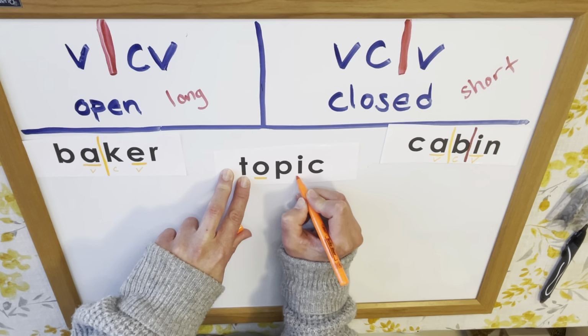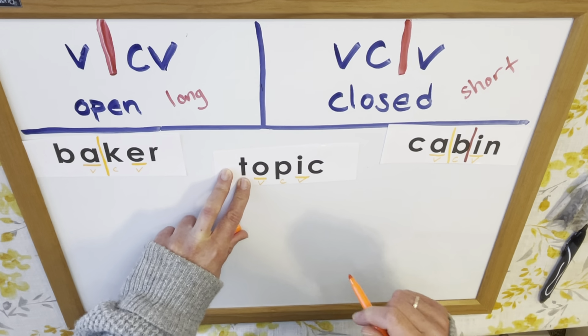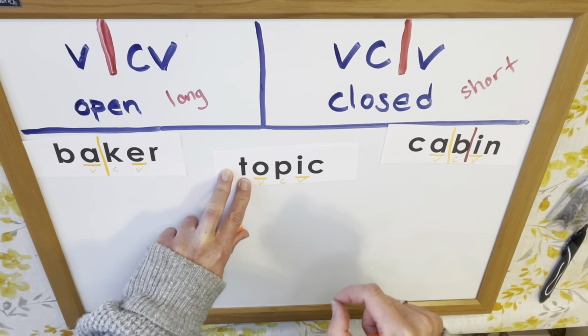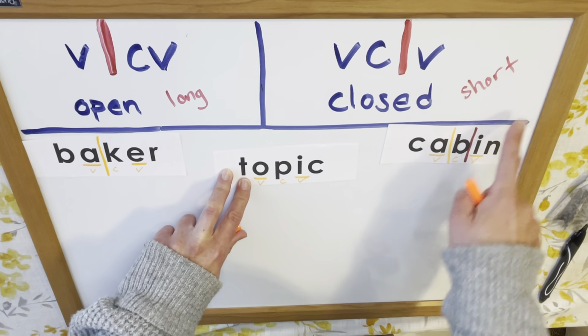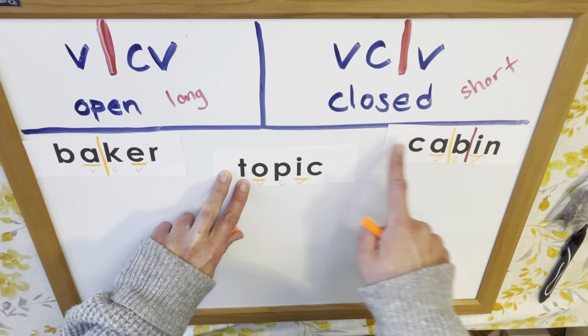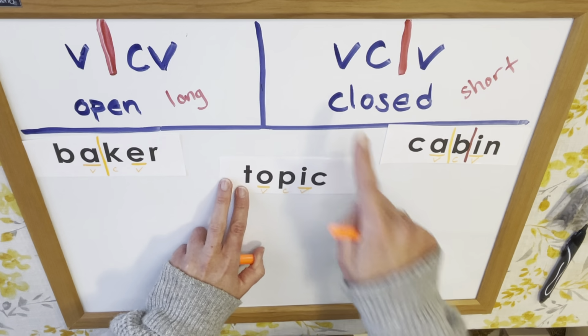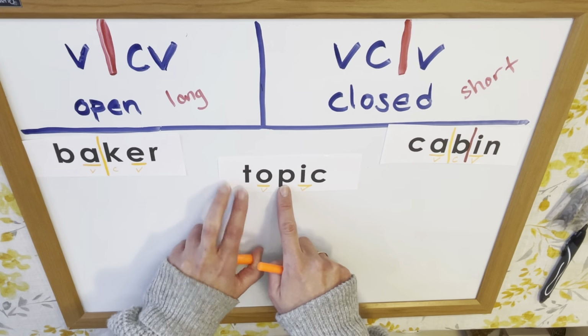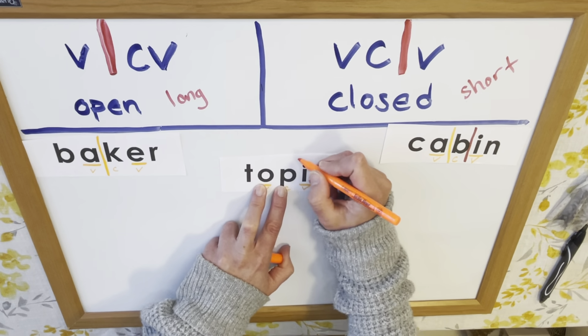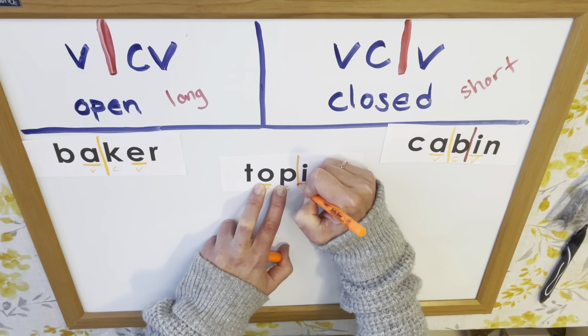So we have a vowel, a consonant, and a vowel, okay? The rest of these, I'll just let you know, are going to go under this column because this is what I want us to practice. So let's go ahead and break it up this way. Okay, so we have our vowel, consonant, and that's where we break up the syllables.